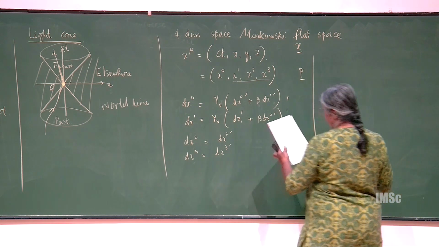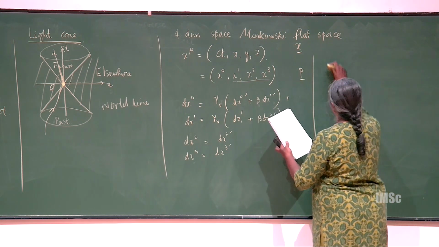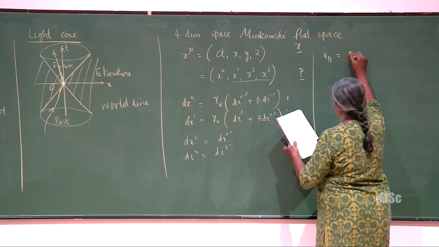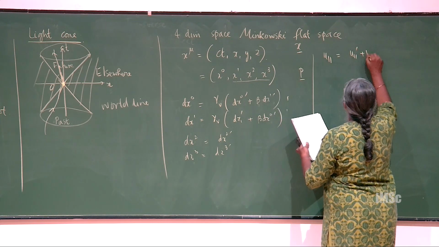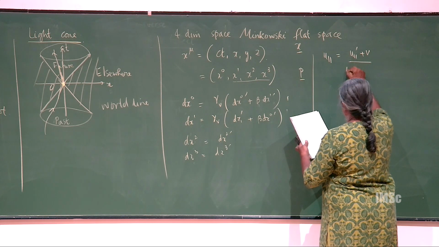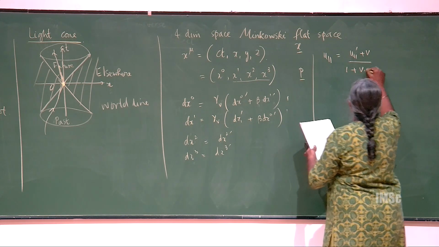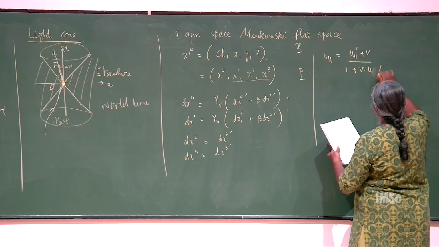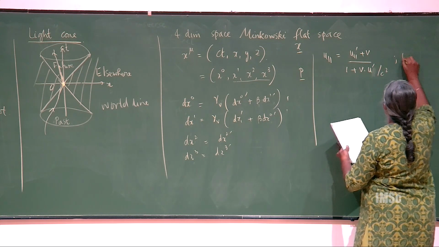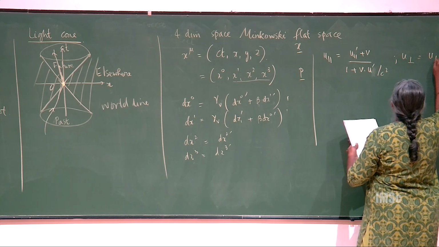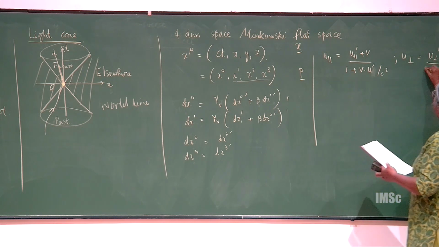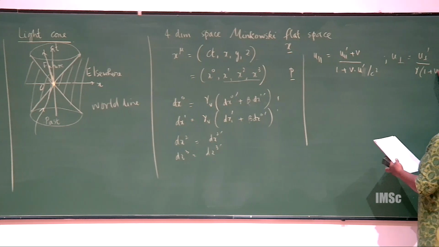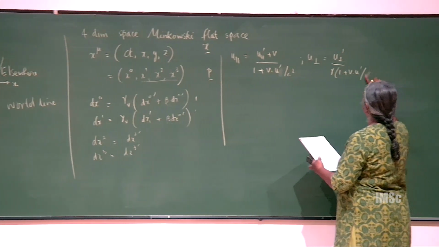How do the u's transform? If you remember, we had u parallel is equal to u parallel prime plus v by 1 plus v dot u prime by c squared, and u perpendicular always has a gamma at the bottom with the same thing, by c squared.